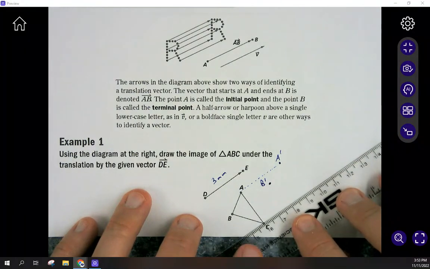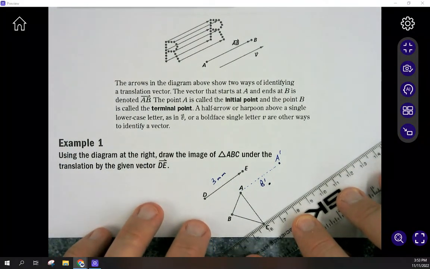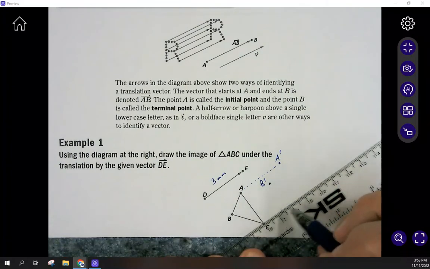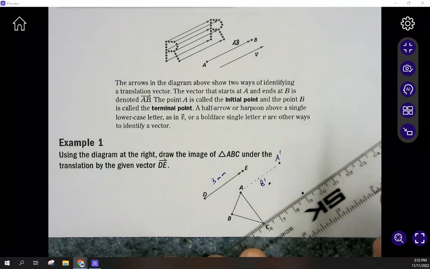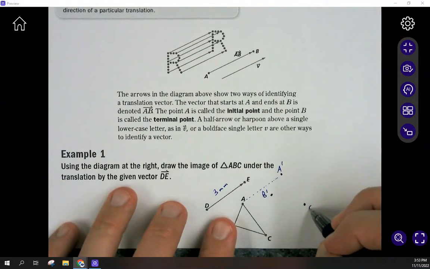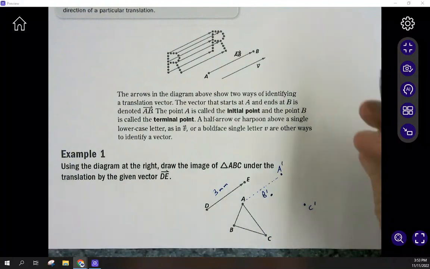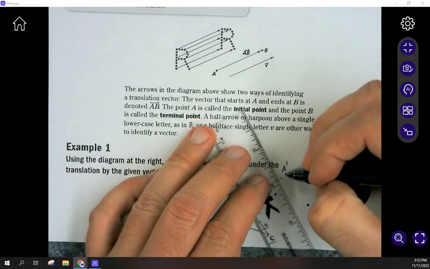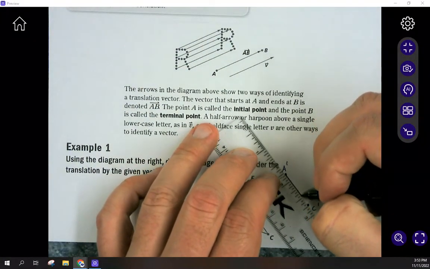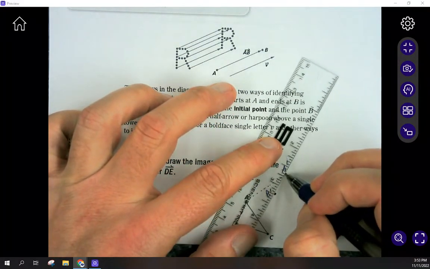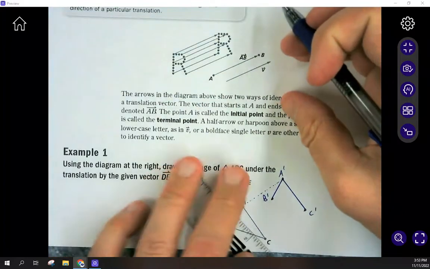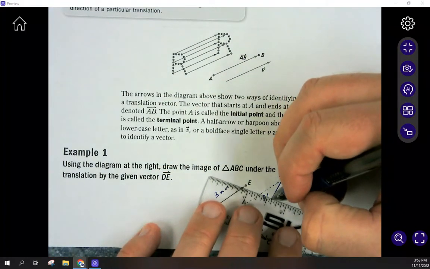We're going to run this parallel to those. 1, 2, 3. And if I connect these, I should have a triangle that looks exactly the same as the original in terms of size and shape.